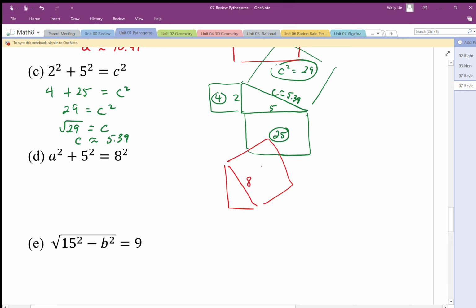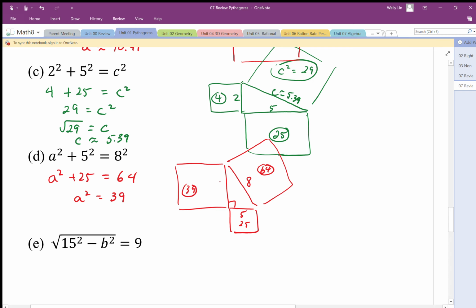Those are all squares here. When I subtract them, I end up with a squared equals 39. So there's 39 squares here. And the side A works out to be square root 39, which is approximately 6.24. So this length here is about 6.24.